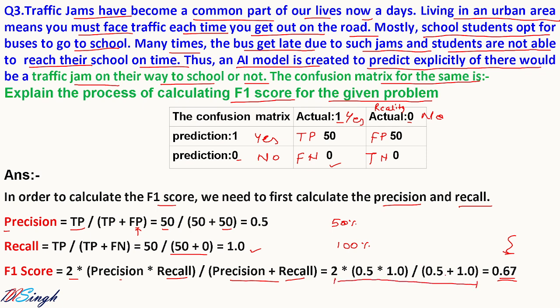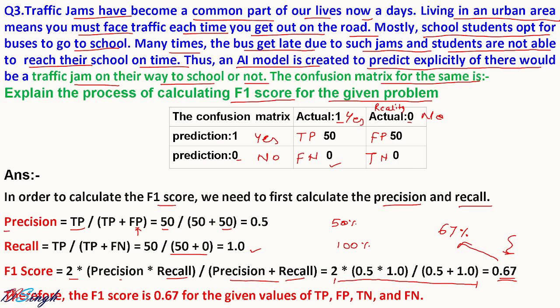Go up to this point very correctly, and the last answer may have a difference, but you may still get full marks there. Okay, 67%. If you multiply it by 100, it is converted into percentage. So therefore the F1 score is 0.67 for the given values of TP, FP, FN and TN.